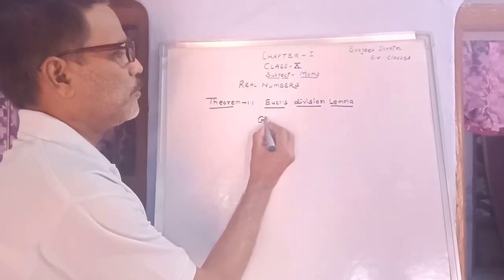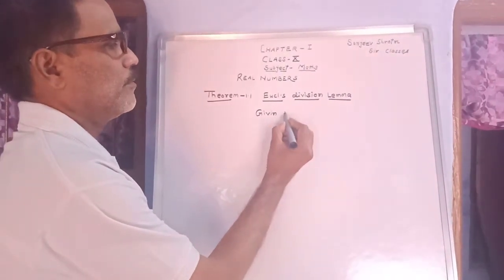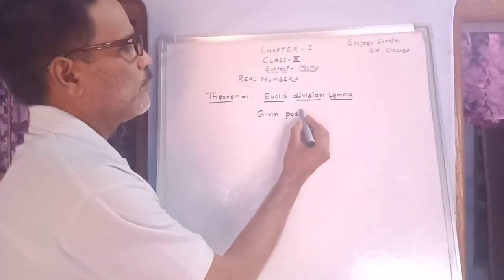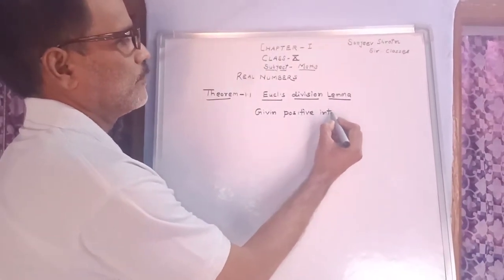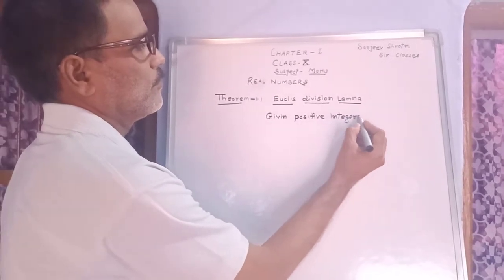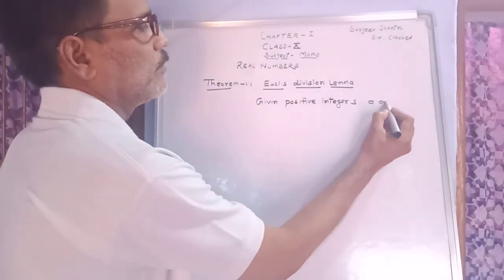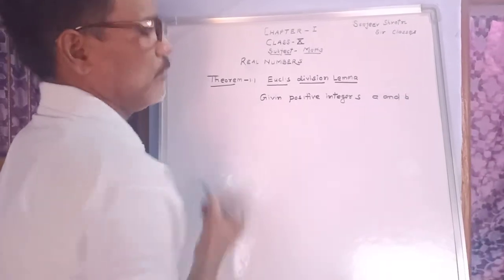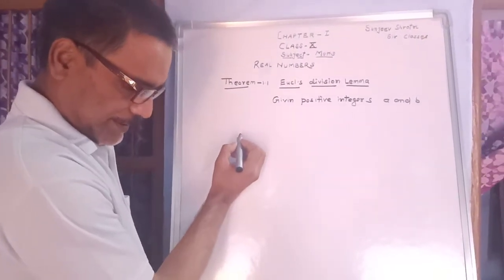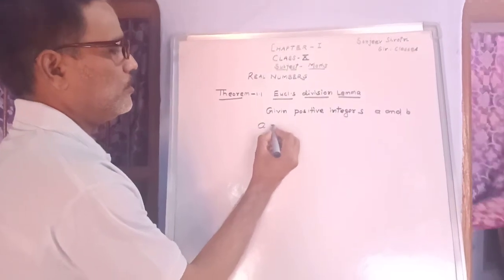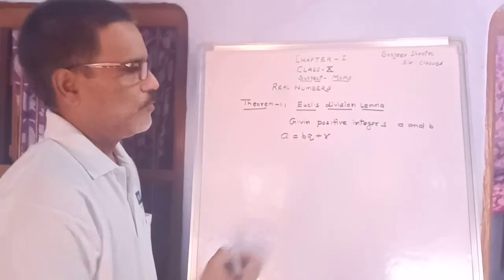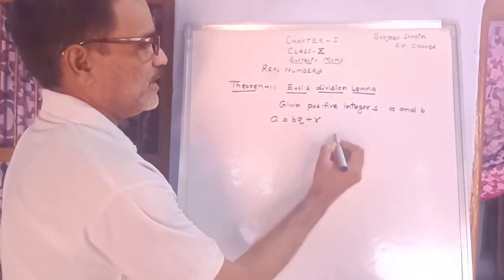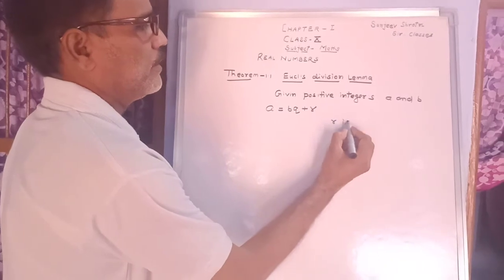Given positive integers a and b, we write this such as a is equal to bq plus r, where r is the remainder.